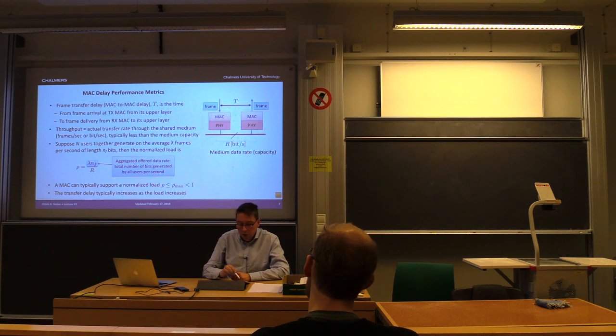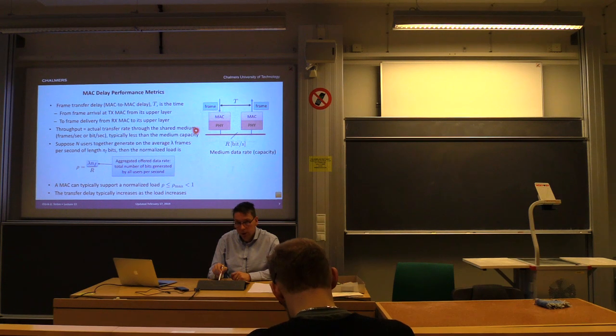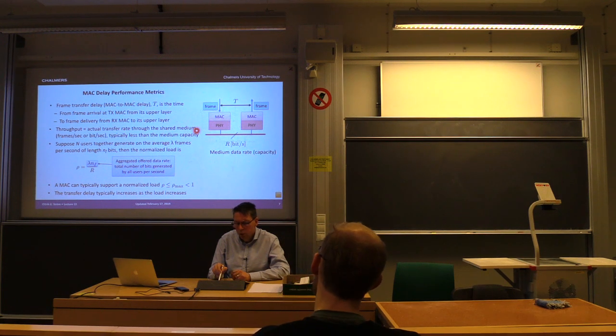Another important thing here is the throughput, and that is the actual transfer rate through the shared medium. We'll see what that means in more detail later on. The throughput is measured in frames per second, how many frames per second are passing through this physical medium, and we count the frames that come from all the transmitters attached to it, not only one transmitter.